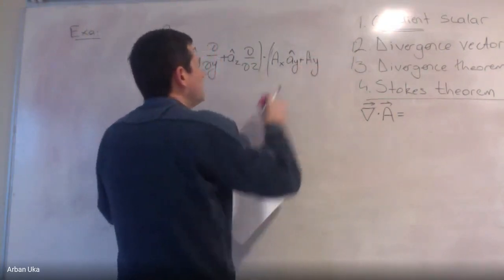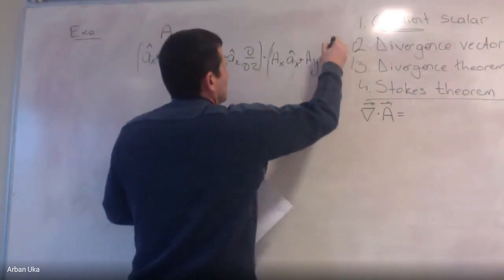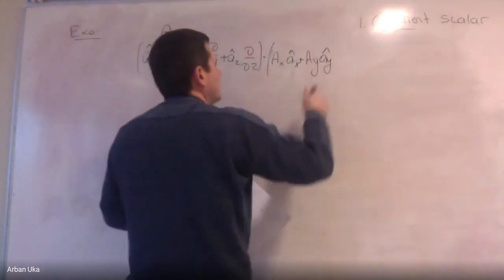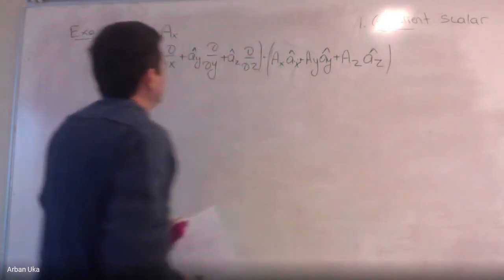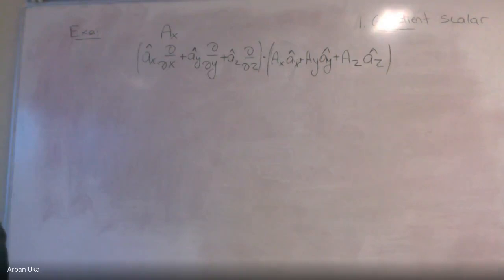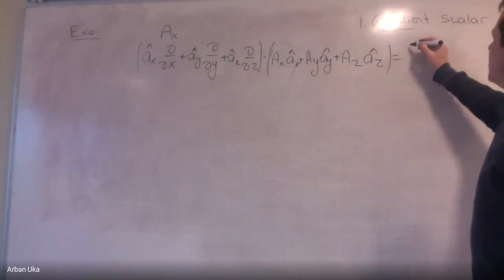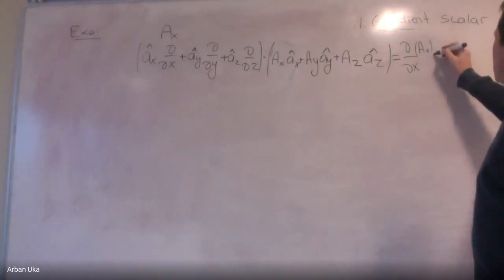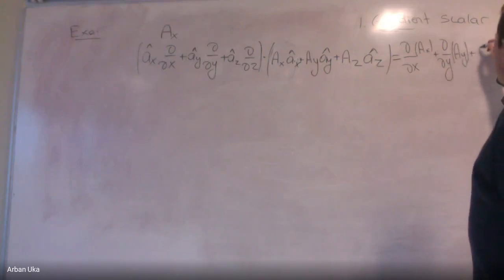Plus, okay, my next mistake, this is AX. I can clear some part on this side. Plus AZ. Okay, so this is the divergence of this specific vector. And then we know that this is going to be equal to the derivative with respect to x of AX plus the derivative with respect to y of AY plus the derivative with respect to z of AZ.